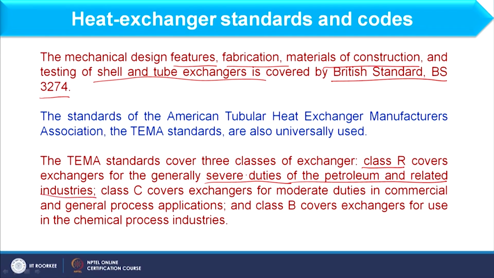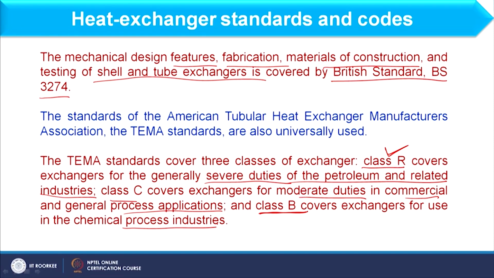So, when the duty is very large, we go for class R exchangers. Class C covers the exchangers of moderate duties in commercial and general purpose applications, and similarly class B covers exchangers for use in chemical process industries.